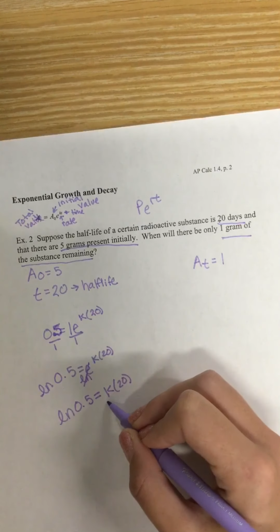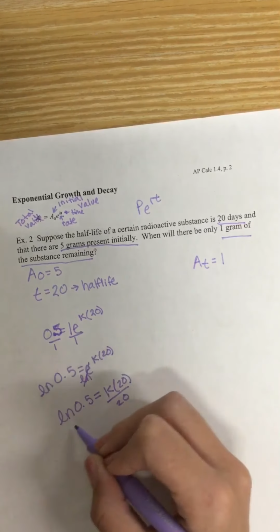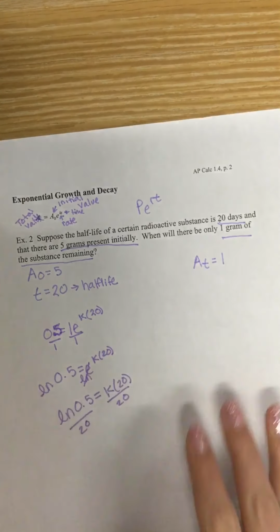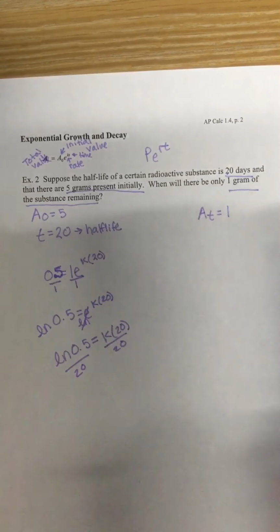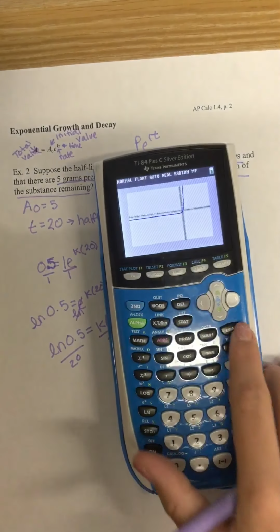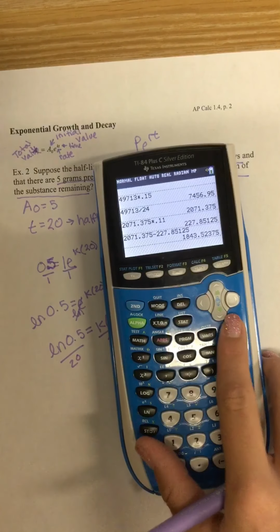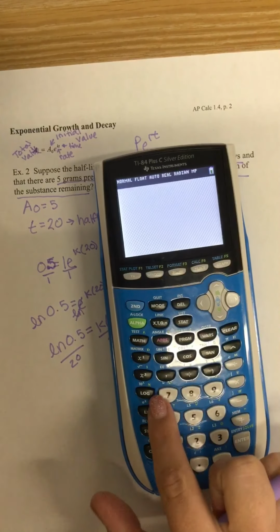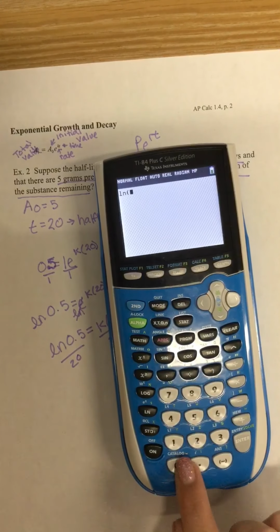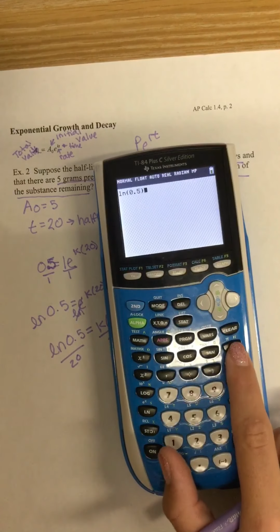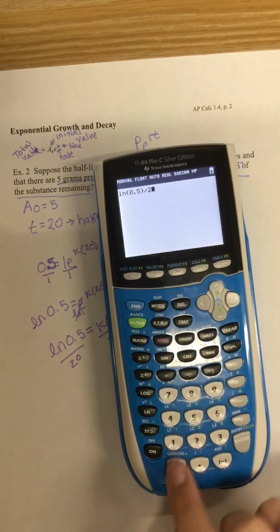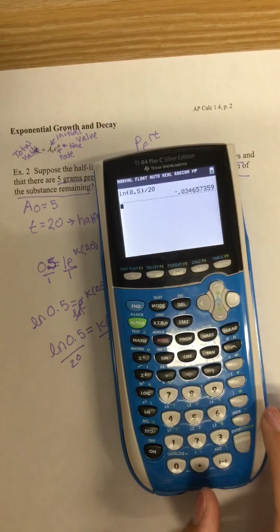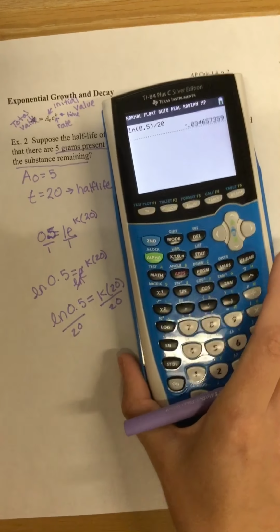So now to solve for k, I divide by 20. And now this is just a calculator problem. So I come over here, I clear out my calculator, and I'm going to start with the ln of 0.5 divided by 20. And I get this decimal here.